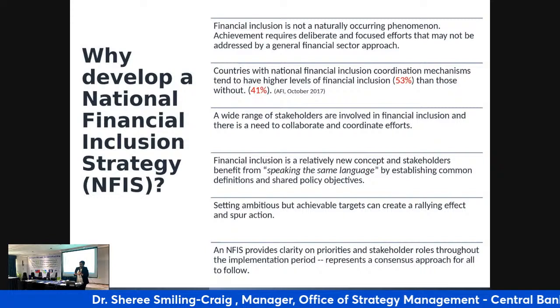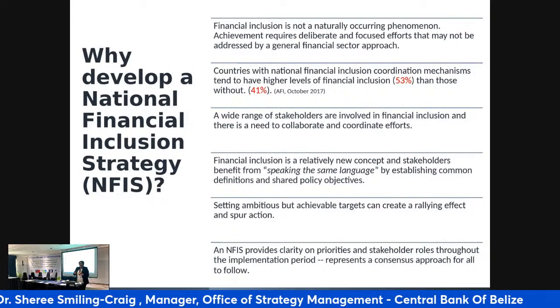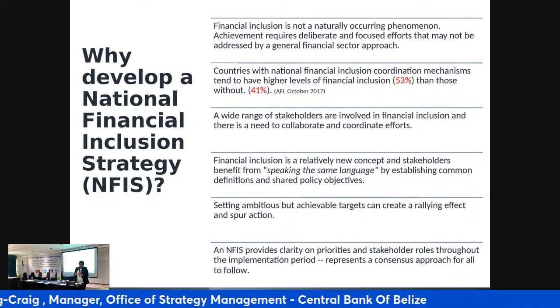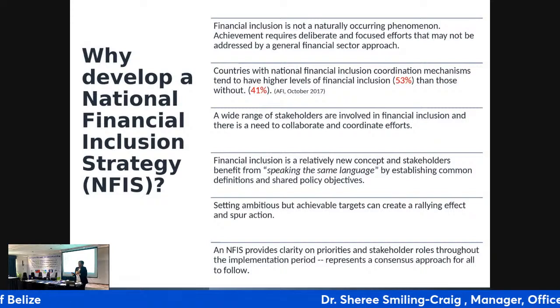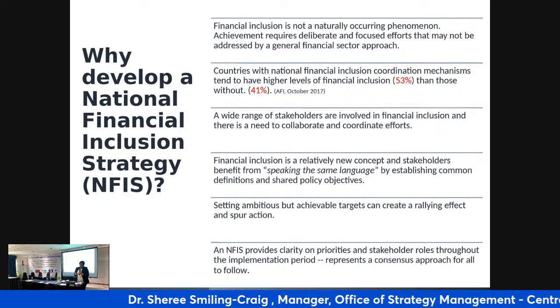Countries with financial inclusion that had this coordinating mechanism tended to have higher levels of success. So if you did it on your own, the chances of success would be low, but if you coordinated it, the chances would be higher.